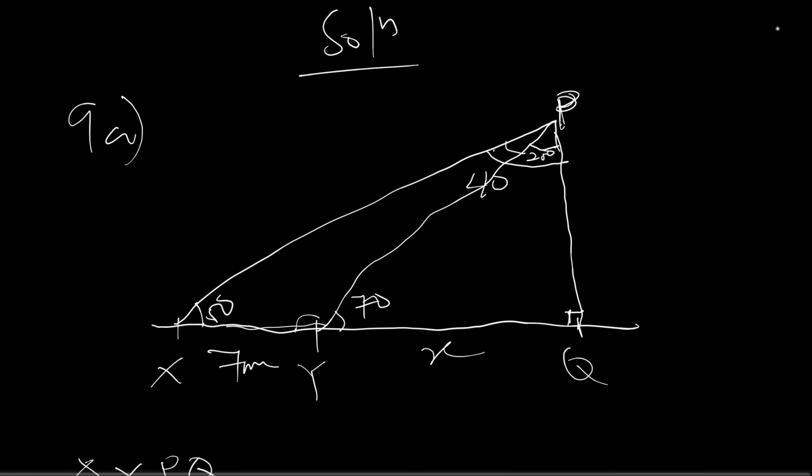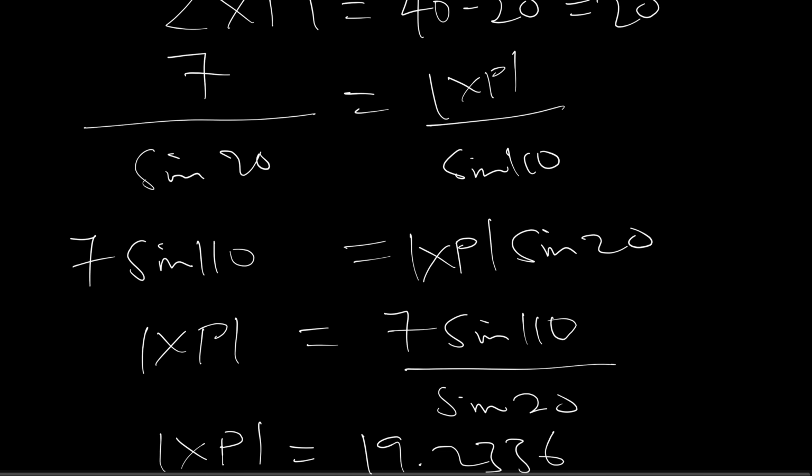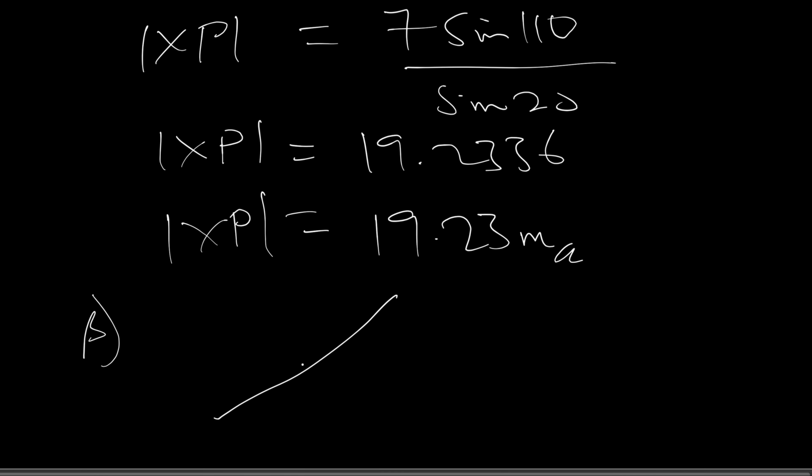Now beta, find the length of YQ. So if we take triangle XPQ, the length of XQ should be 7 plus x.